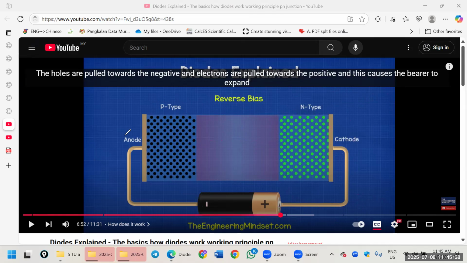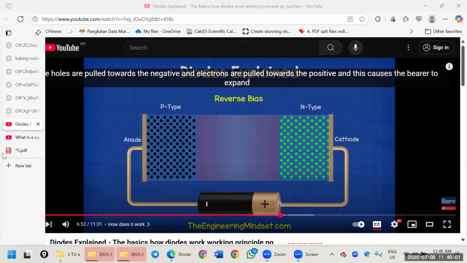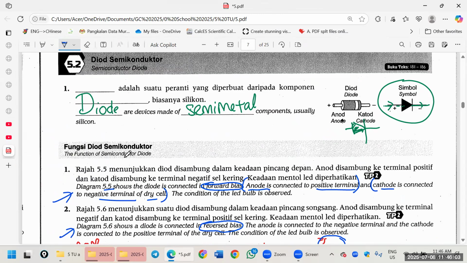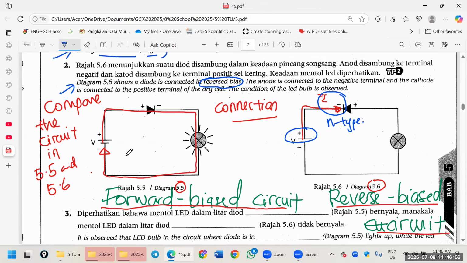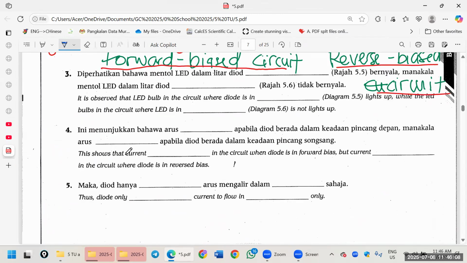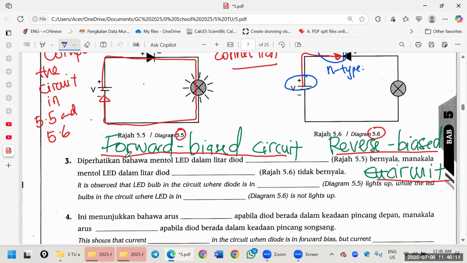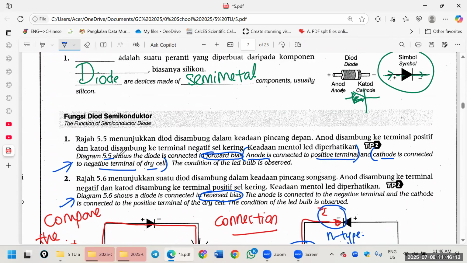Now, what's the function of a diode? Function of diode. I think I told you in the last class. Oh no, I also didn't tell you in the last class.